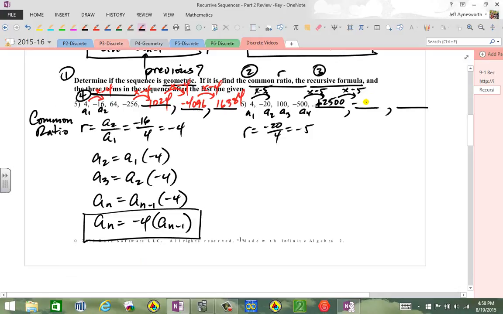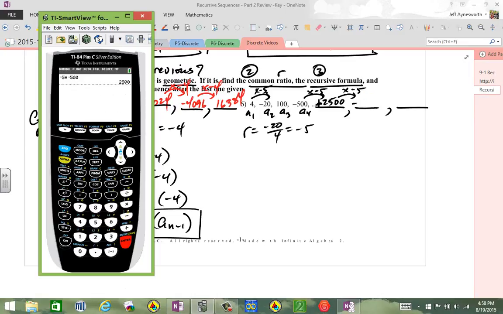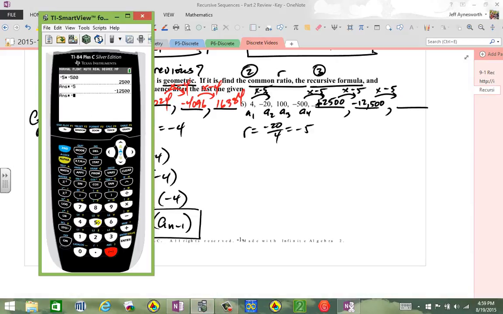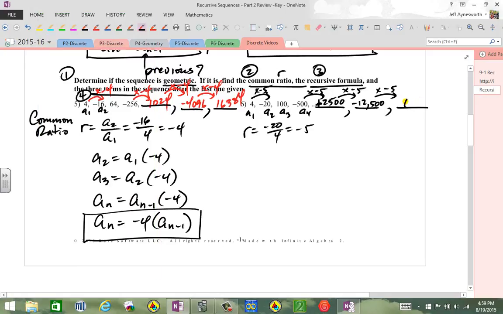It's probably negative 12,500, so let's work it out. Times negative 5, you get negative 12,500. Multiply by negative 5 again, and you get 62,500.